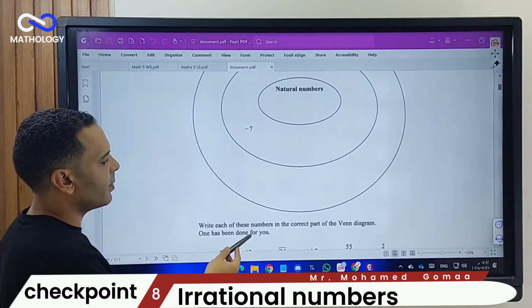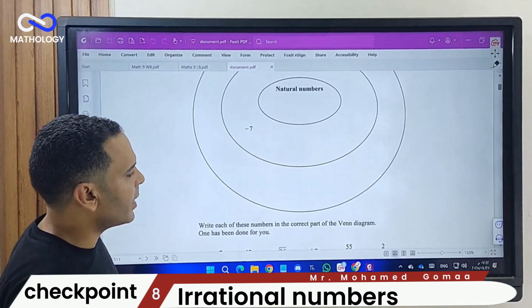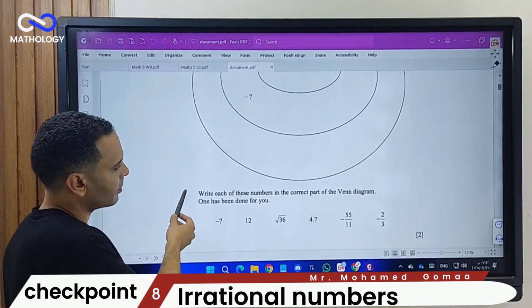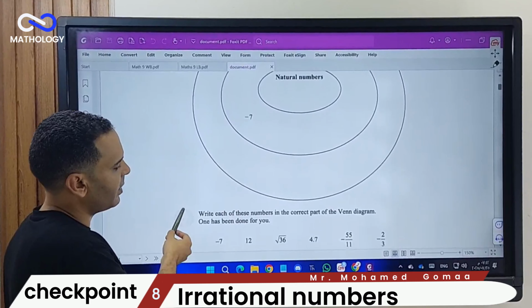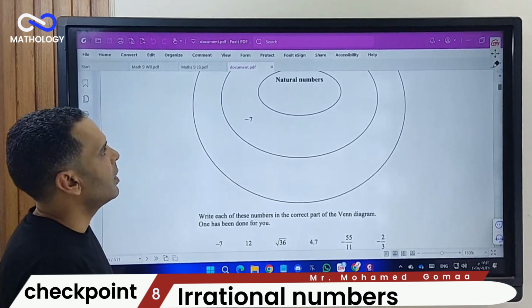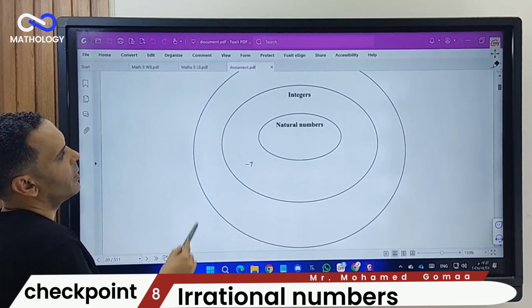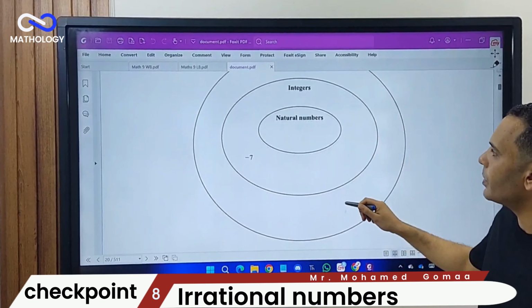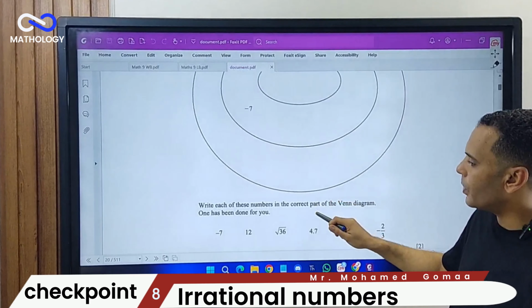Write each of these numbers in the correct part of the Venn diagram. One has been done for you. Negative 7. 12 is a whole number. You can put it here in the natural numbers.